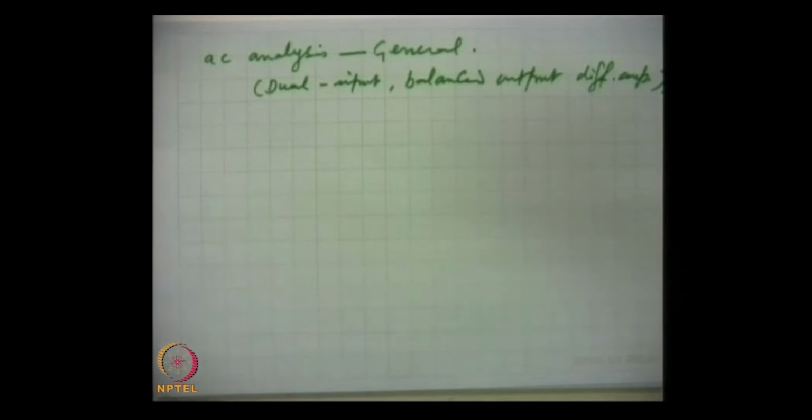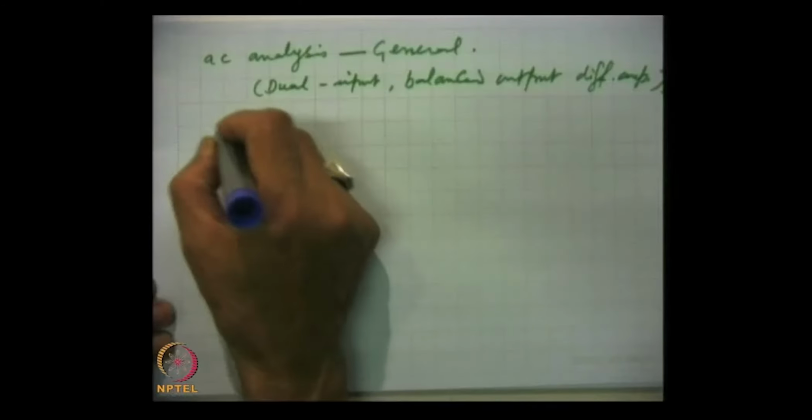For satisfactory performance, gradually as we learn more and more about differential amplifiers, their salient features will also emerge, and we will come to know many detailed things about the differential amplifier.